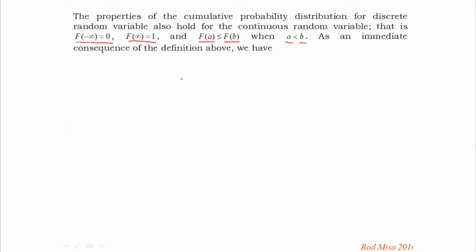As an immediate consequence of the definition above, we have this result here, that the cumulative distribution function is obtained when you add up all your probabilities from negative infinity up to x. And if you get the derivative of your big F of x, this is equal to the derivative also of the right hand side, which is the integral of f of t dt from negative infinity to x.